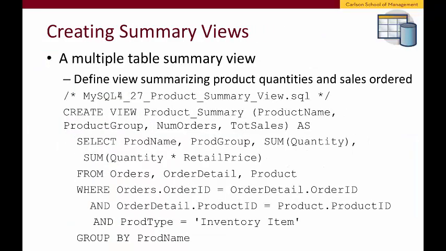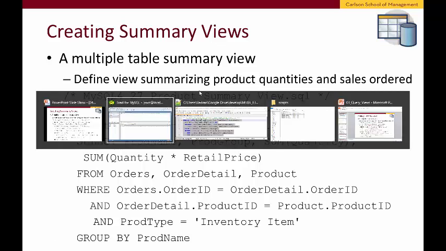The third and last view in this video is going to be a multi-table summary view, sometimes called a grouping view in the literature. So this view is going to summarize product quantities and sales ordered, and it's shown here on this slide.